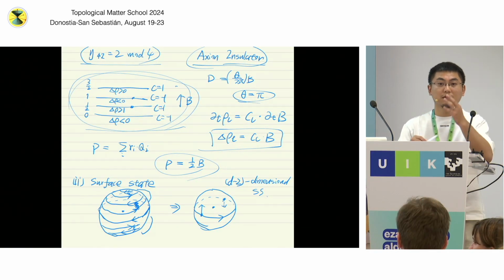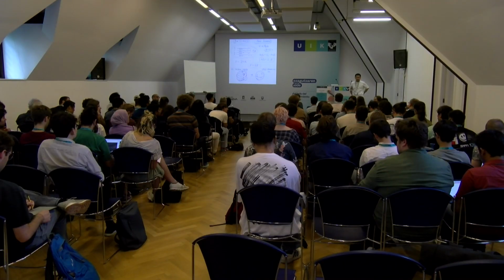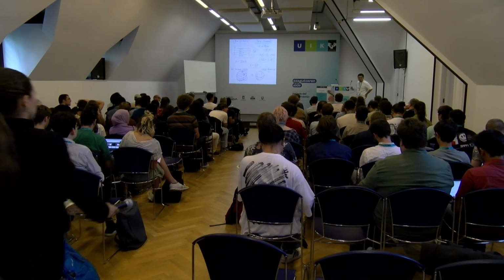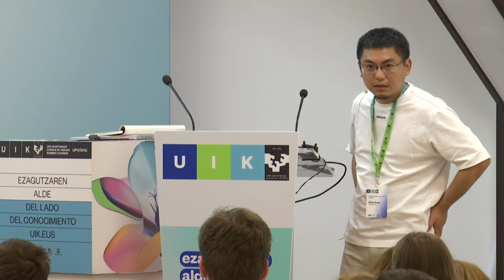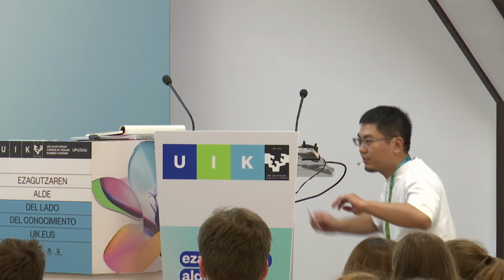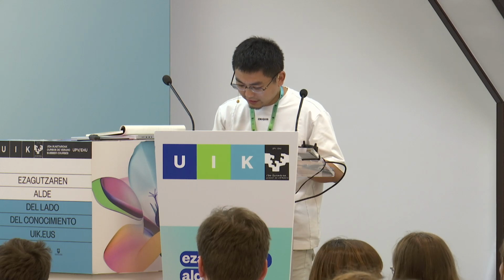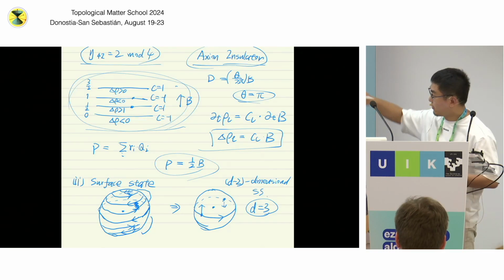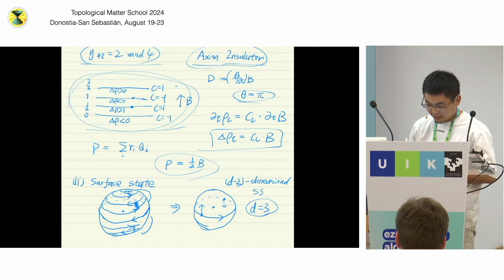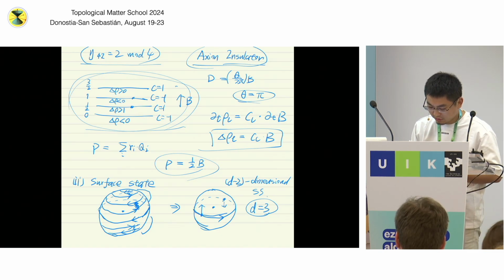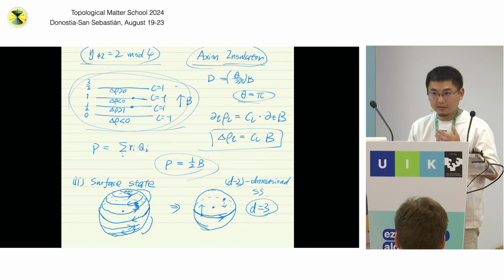Can you explain a little bit again, or in another way, why it is d-2 dimensional and not just an edge? You mean why the surface is d-2 dimension? Okay, so the bulk Hamiltonian is 3 dimensions, so d equals 3, right? And now we have a sphere geometry, and we argued that the gapless surface state is this 1-dimensional chiral edge state.